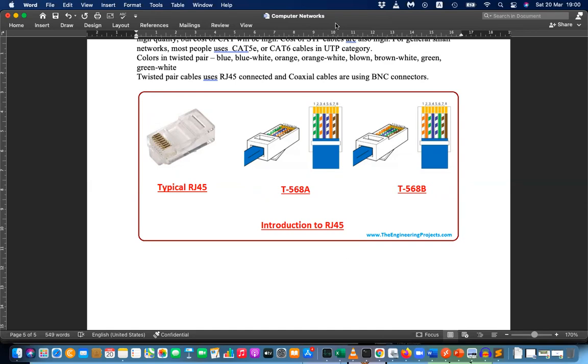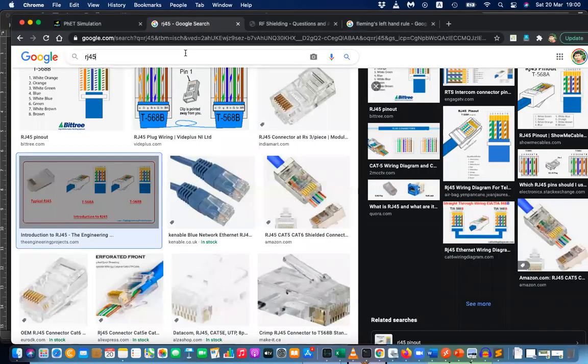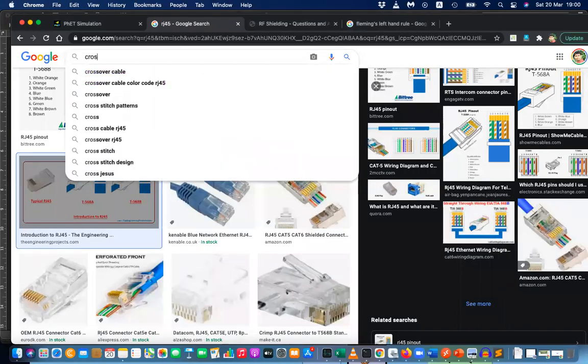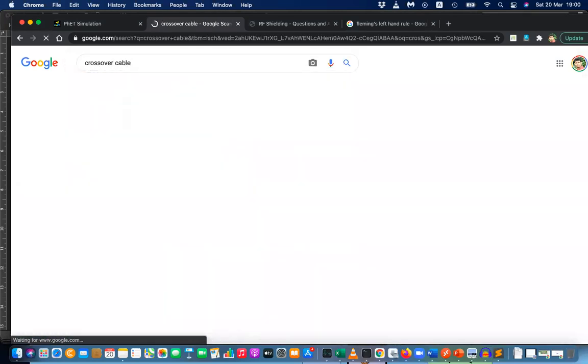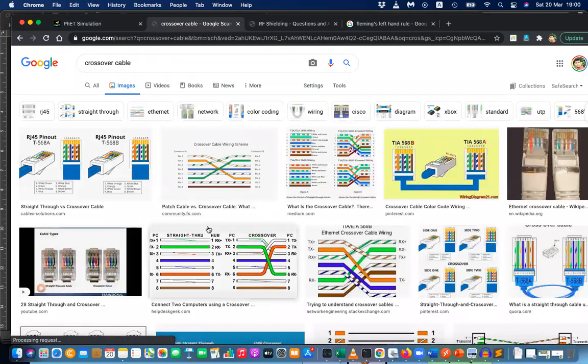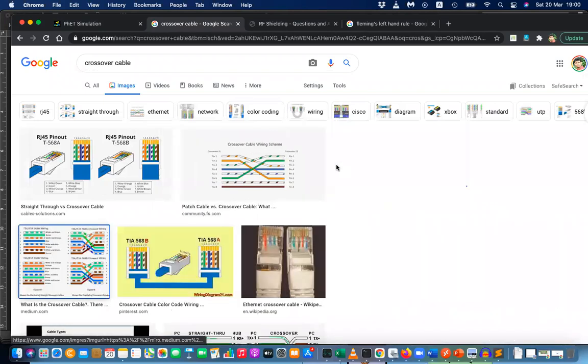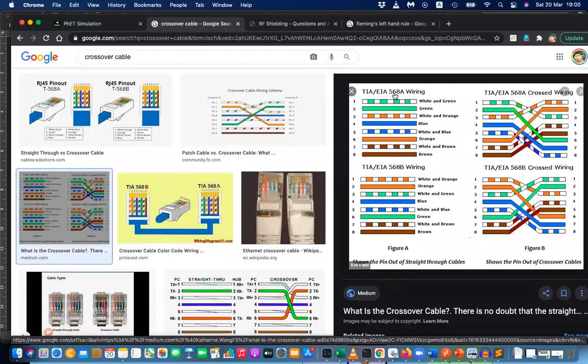So crossover cable means one side is 568A wiring, and the other side uses the other version.